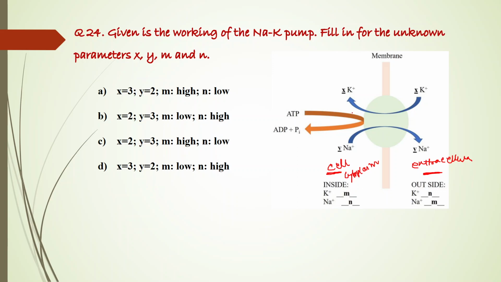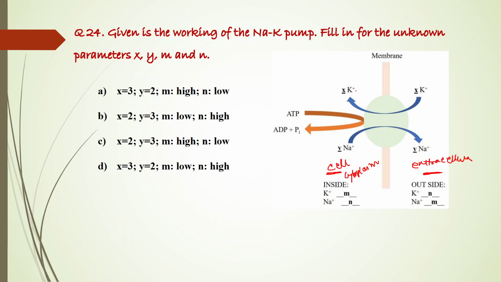That's why it is transporting, because the protein always transports K plus from outside to inside. For Na plus, the concentration is higher on the outside because this membrane protein takes Na plus from the inside and keeps it outside of the membrane.